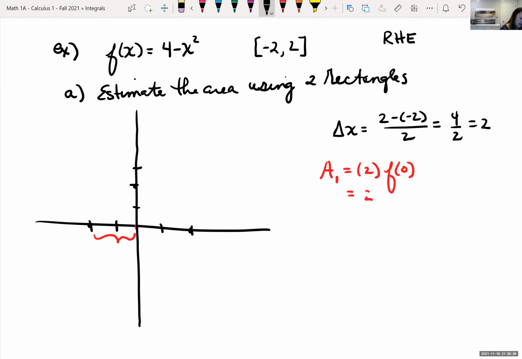So let's see. The height is 4. We still have a point at -2. If we plug that in for x, you get 0. Plus 2, plug that in for x, we get 0. So we have 2 times f of 0. F of 0 in this case is 4.